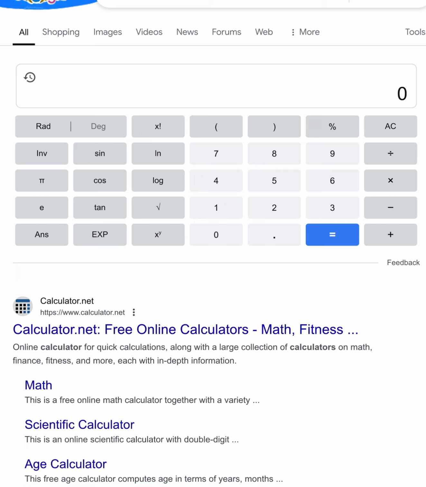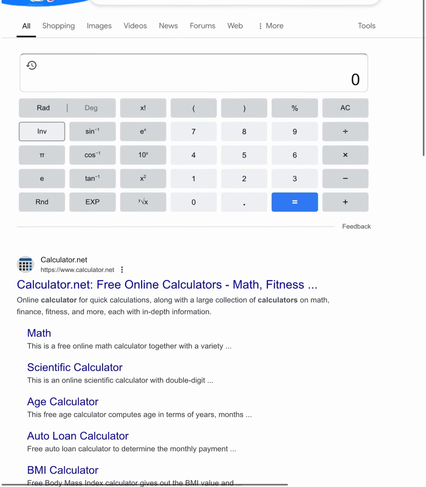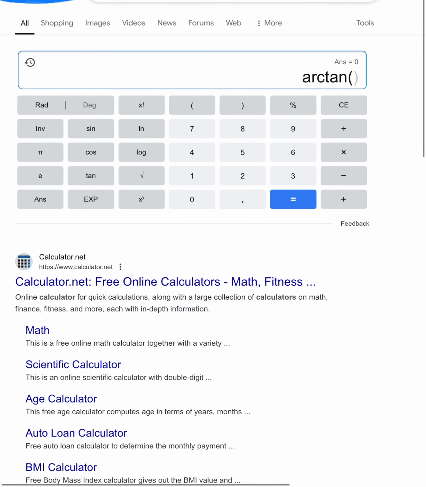If you look here, there should be an inverse button, and tangent inverse is represented by arctangent. Then the quantities are negative 50 divided by negative 20, close the bracket, and express the answer. Make sure that all the answers are in degrees.